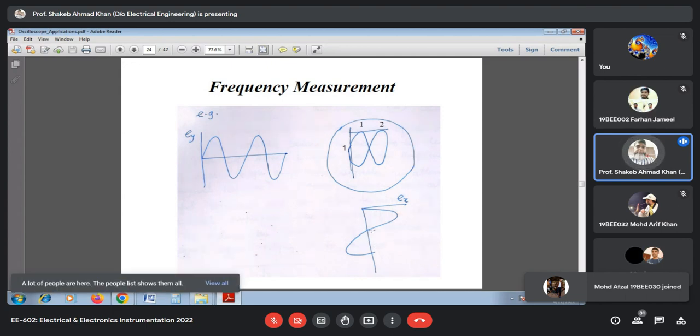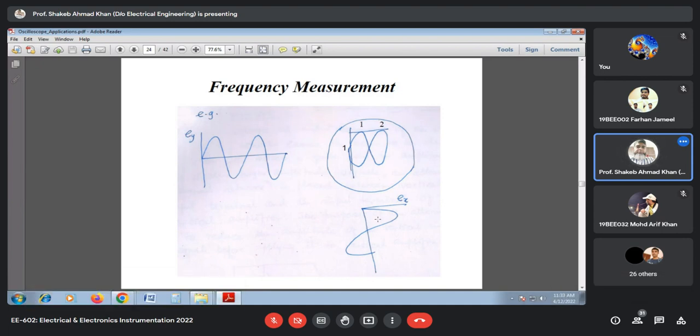If you look at these two, you'll find that the frequency of the unknown signal is twice the frequency of the known signal. Now, when we apply this to the Y plate and this to the X plate, when your oscilloscope is working in XY mode, you are already aware of the operation.